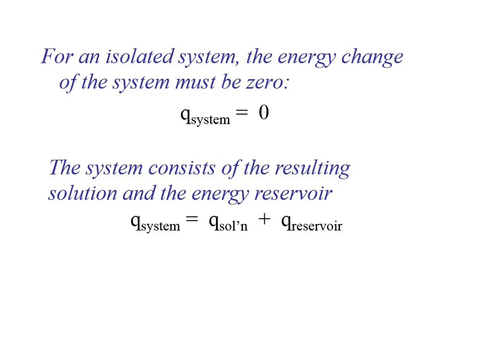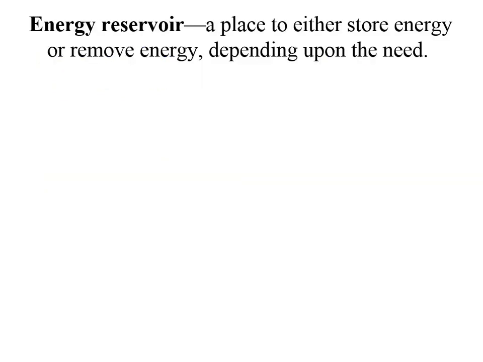If something's taking in energy, where is it taking in the energy from? So again, as long as your system of interest is isolated, we can say that whatever is happening with the solution, your chemical reaction, is going to be absorbed or released from your reservoir. They're easier to show you than to do it.